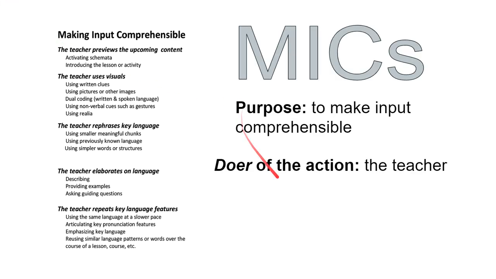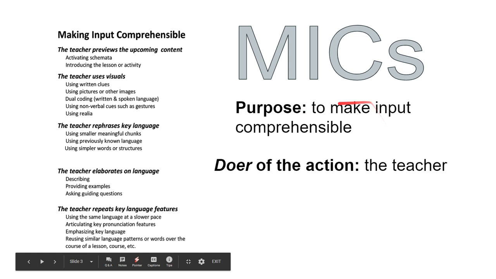If you are using that material to make new language or make input comprehensible, in other words, to help them understand new things, then that's MIC visual. Now, if you're using a visual to encourage them to speak to each other, or to speak to you or to interact, then that could be material scaffolding.